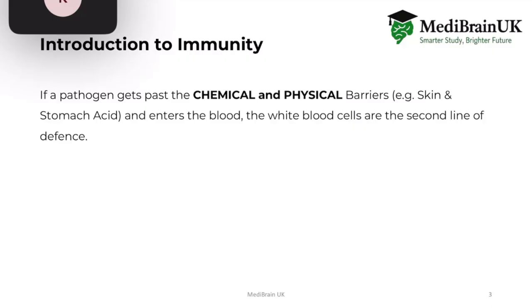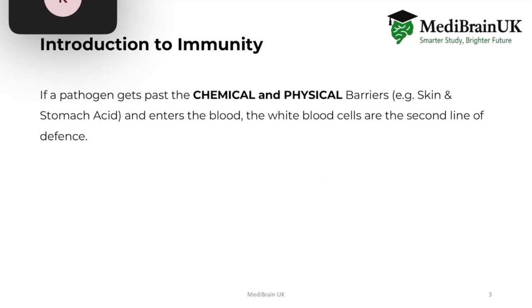So that's basically what's happening. You have your chemical and physical barriers to start off with, and they will try to defend your body as best they can. However, if those chemical and physical barriers fail, which they sometimes will, that's why you feel ill, the pathogen would have got into your bloodstream. And if it's in your bloodstream, that will trigger an immune response, which is led by your white blood cells.